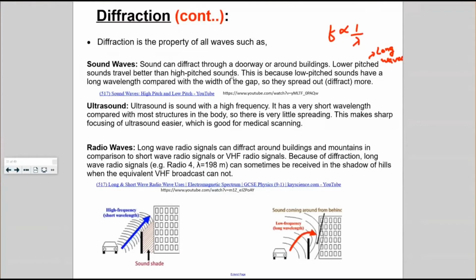We just studied that longer waves diffract more than shorter waves. So they spread out and are easier to travel. This is because low pitch sound has a long wavelength compared with the width of the gap, so they spread out or diffract more, right?